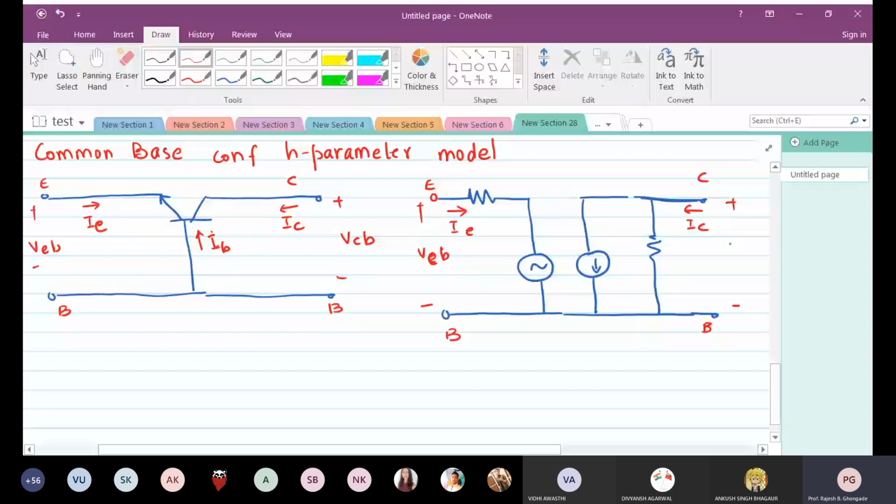Now you have to tell me what will be this parameter. Yes. HIB. Very good. HIB. What about this guy? HRB, VCB. All right.